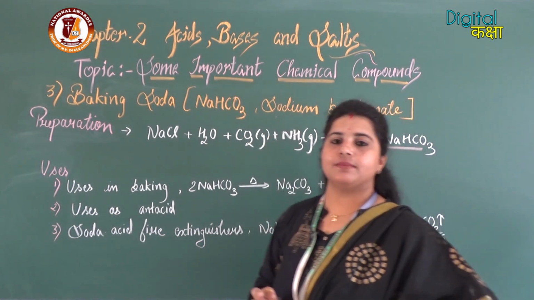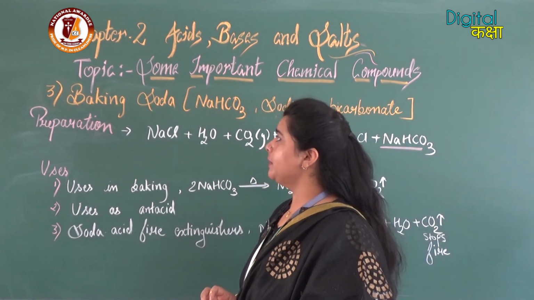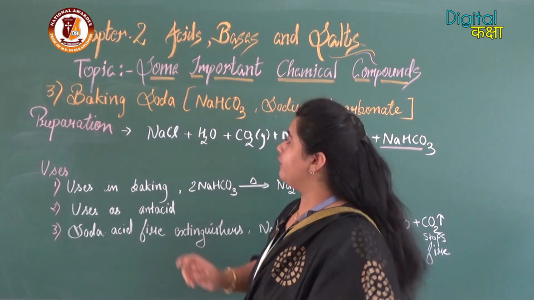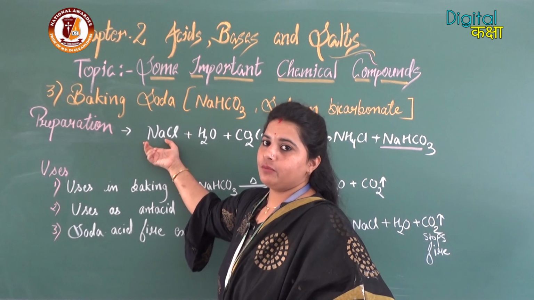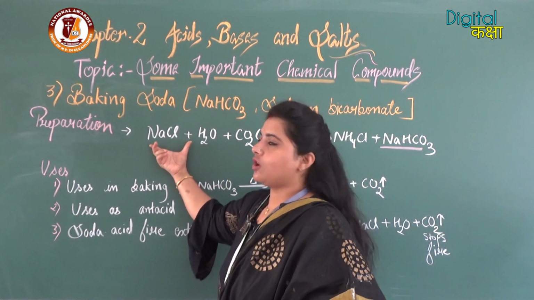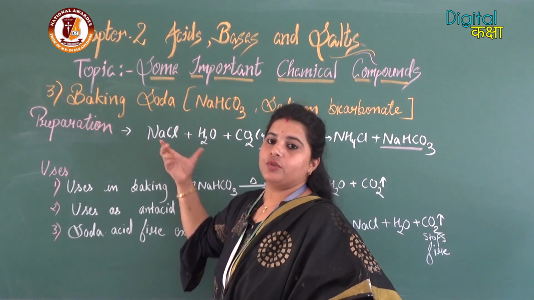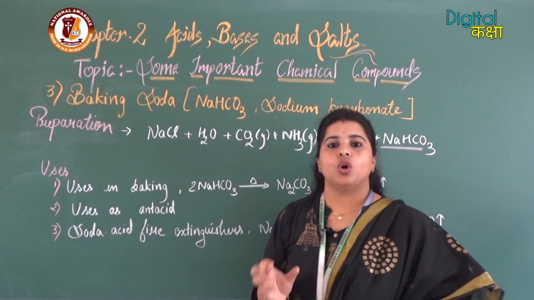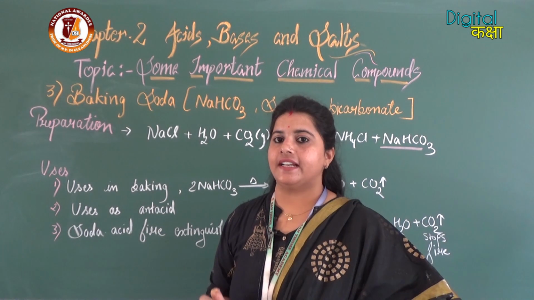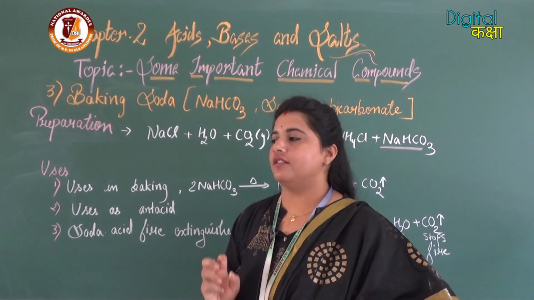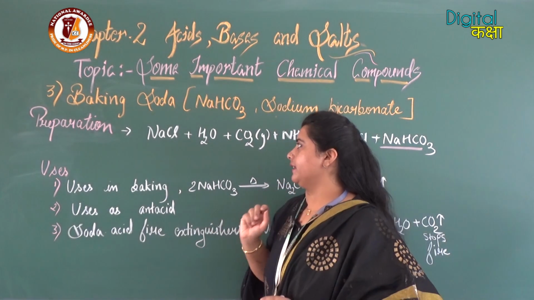Now how is it prepared? For the preparation of baking soda, we need to have sodium chloride in water. What is sodium chloride in water? That is called a brine solution. So here we have to take a concentrated solution of salt, that means a high concentration of salt should be there.